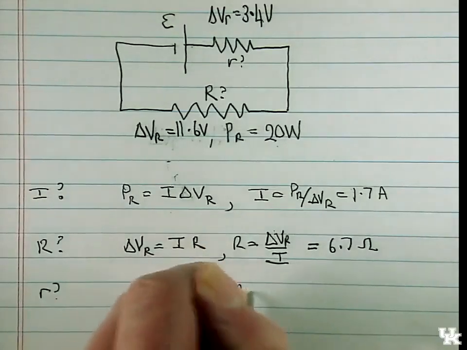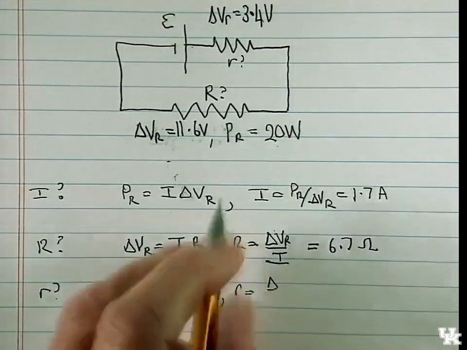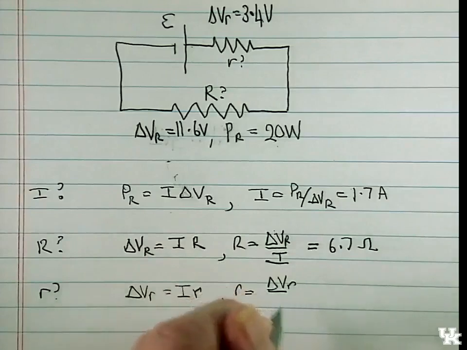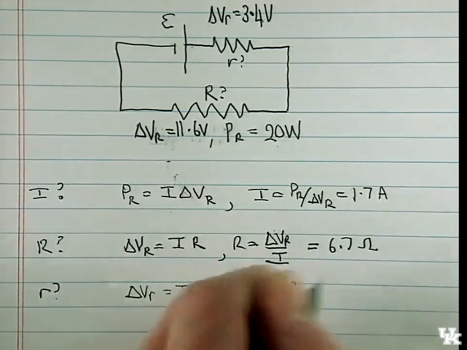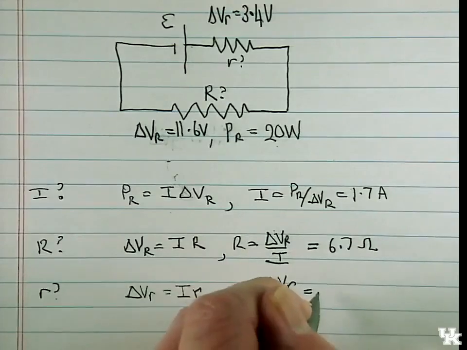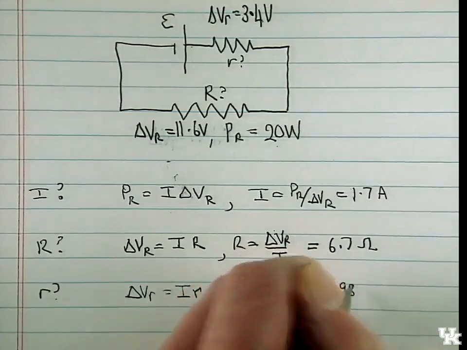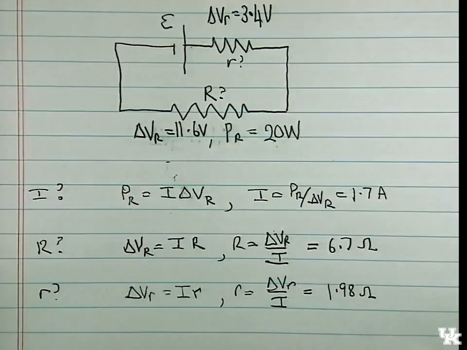We can rearrange that and figure the internal resistance by dividing the voltage across it, which is 3.4 volts, by the current, which is the same 1.7 amps. And when I did that, I got 1.98 ohms. And so that's how we analyze the circuit of a real battery.